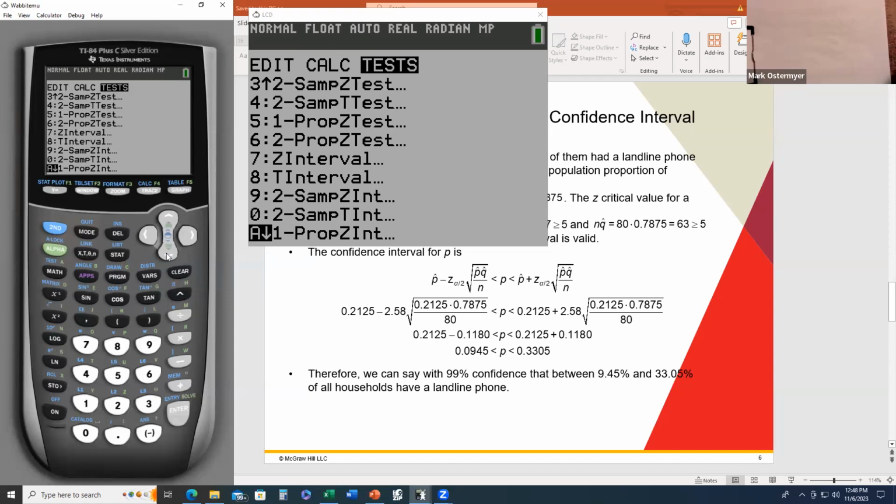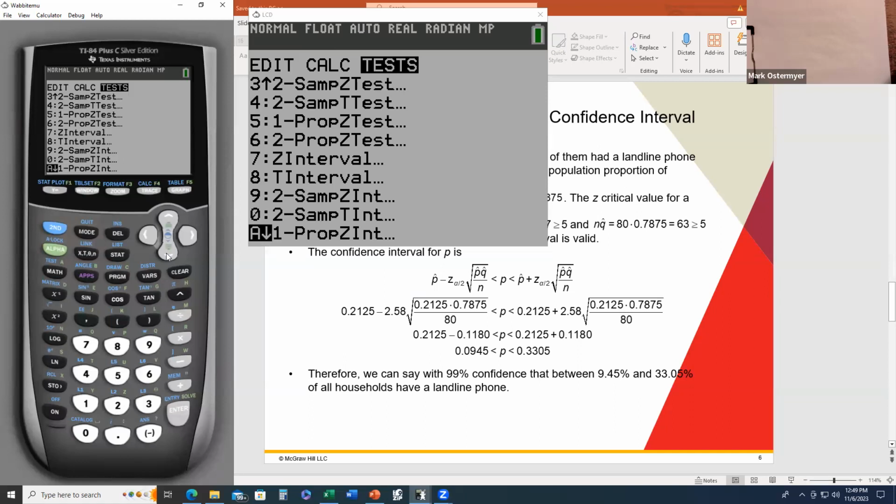There it is. So the one prop z int function is short for one proportion z interval function, which means this function will compute a confidence interval for your unknown population proportion using your z interval, or z probability distribution, which is your standard normal probability distribution with a mean of 0 and a standard deviation of 1.